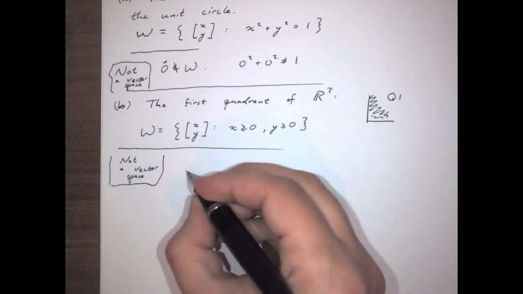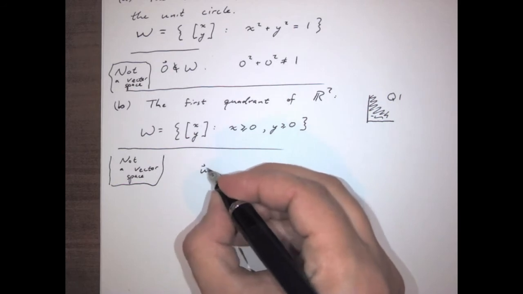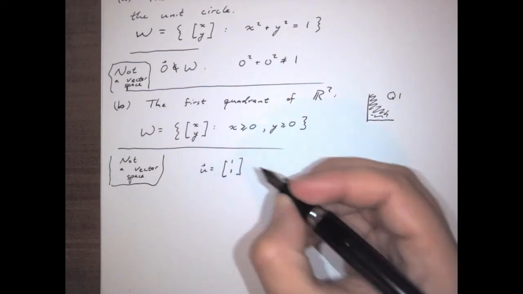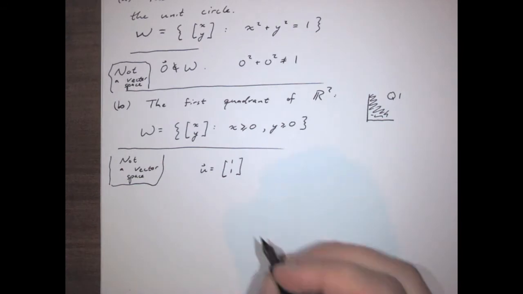Not a vector space. And one way we could do this would be to just let u equal something that is in the space, 1, 1. Is negative u in it?